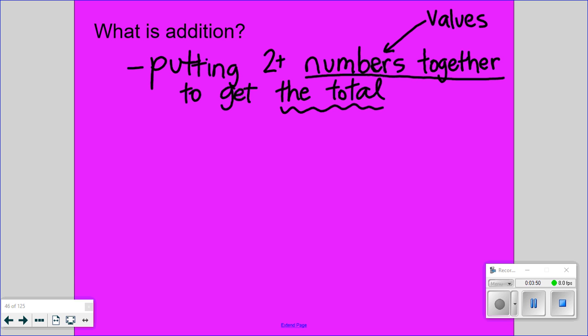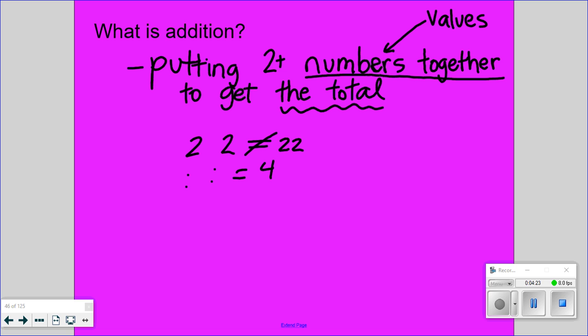So what Jordan is saying is he wants to just make sure everyone knows, and I think everyone in this room does, but just to be clear, that 2 and 2, if we're putting those 2 together, that does not equal 22. That's what he's saying. So he wants to be more specific and say when we put 2 or more values together, that would be equal to 4 as a total. That's what he's saying. Yes.